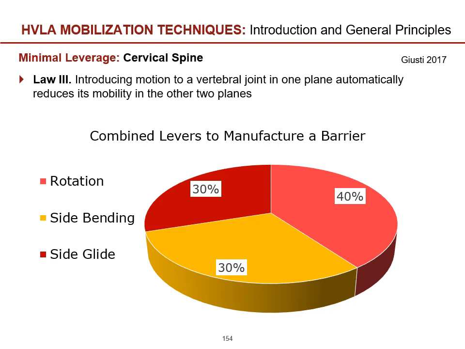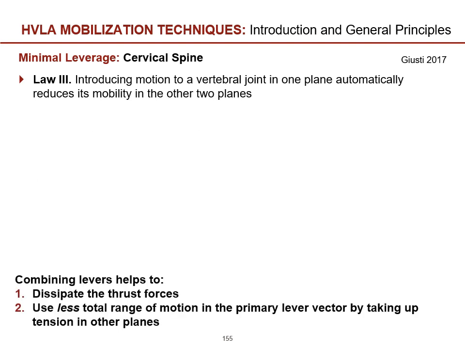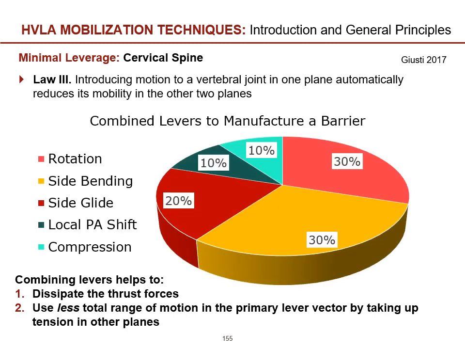Now, the minimal leveraging position goes beyond simply the joint apposition. Some of the additional levers that we can also add, and again, this is going to be dependent upon your proficiency, the mobility, and the patient comfort, will also introduce and teach a local PA shift, which is defined more as an accessory motion rather than a PA extension, which would classify as a physiological motion, and then also adding compression of the soft tissue.